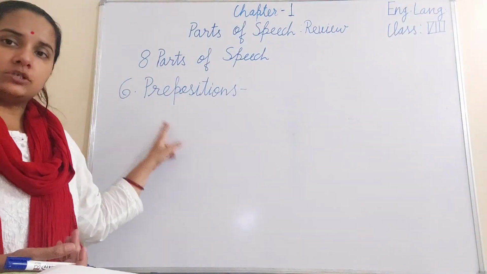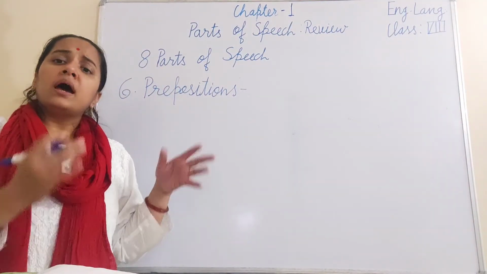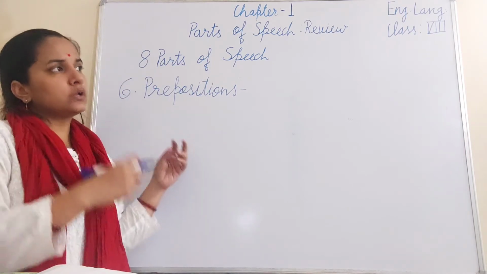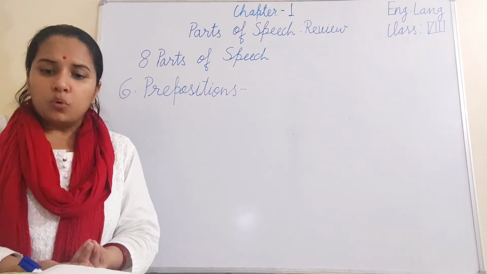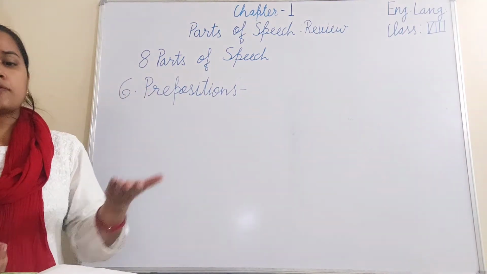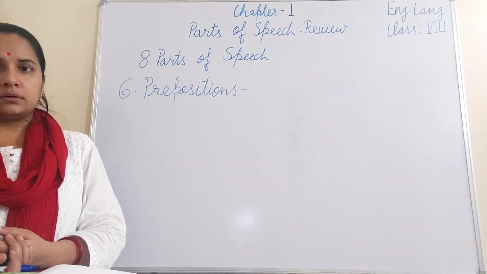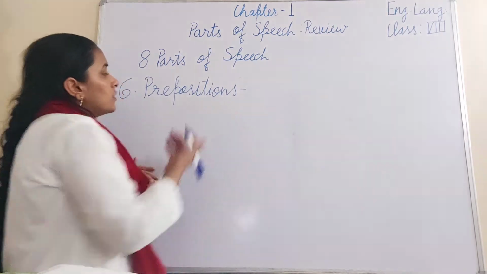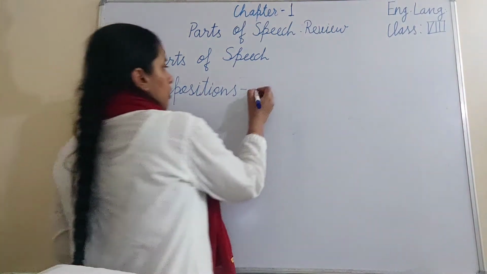The prepositions are the words which are used before the noun or pronoun so that we are providing some more information about that noun or pronoun in terms of the place, time or method.